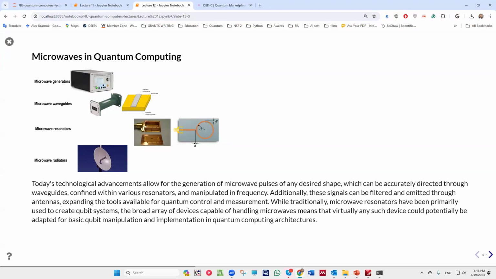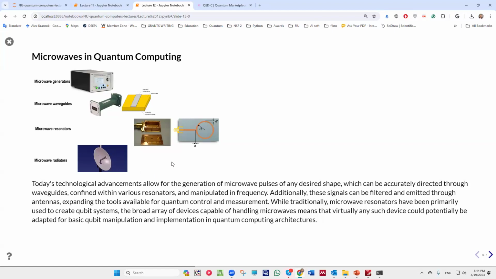Today we can very finely and very precisely generate any type of microwave signals. We can guide the generated signals through different waveguides. We can trap the microwave energy in resonators of different kinds. We can receive and emit microwaves using antennas, and so on.